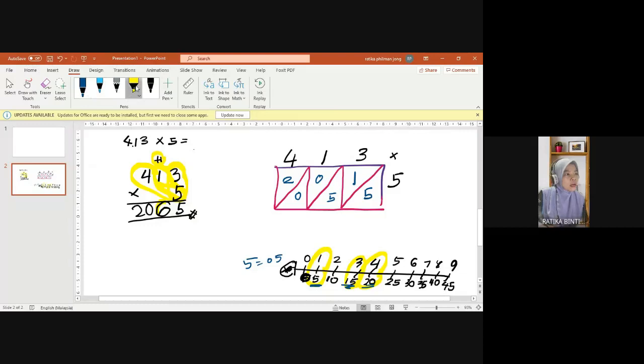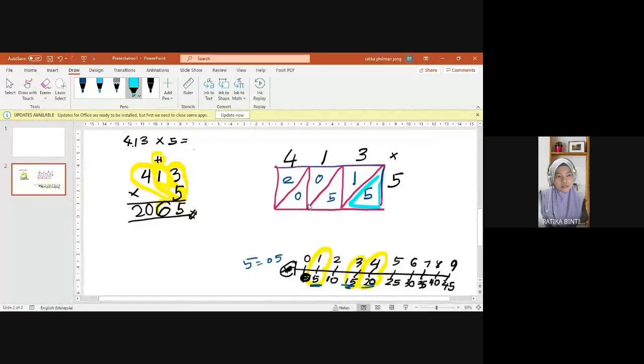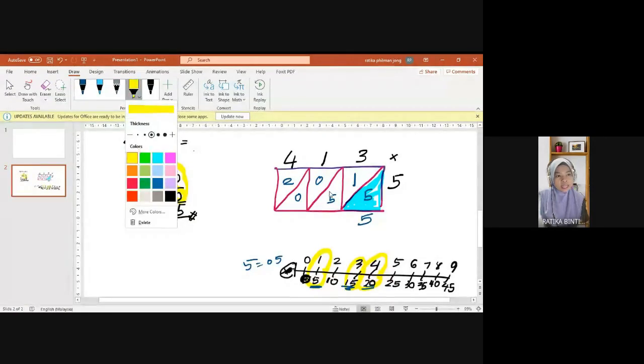After we have filled in all the boxes, we are going to add. We add along the slanting diagonals. This is the first diagonal. So the answer is written here, 5. The next one is this diagonal, from this line to this line.